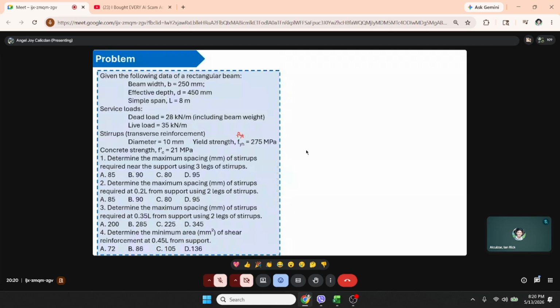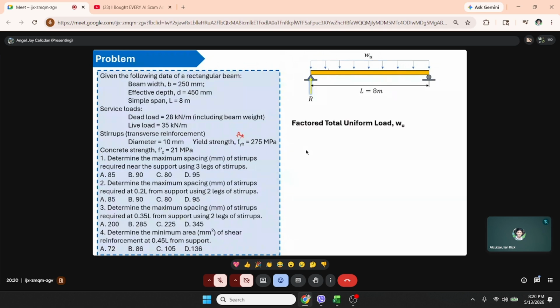So, simple span, with pin and roller supports, then a uniformly distributed load, denoted by wu, and span of 8 meters. And we'll solve for the reaction. But first, let's get the factored total uniform load.